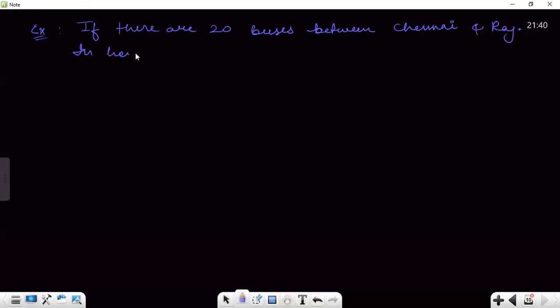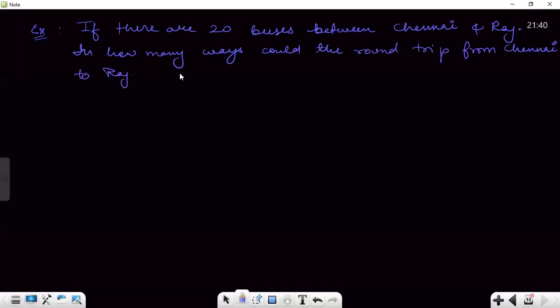In how many ways could the round trip from Chennai to Rajasthan be made so that you take the same bus, or there are two parts for this question, a different bus? Yes, that's the question.